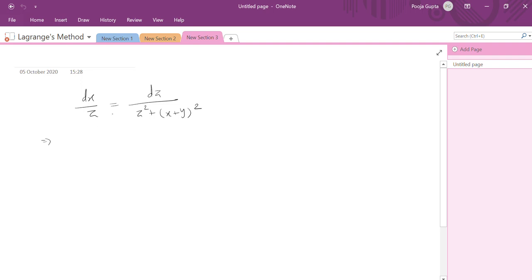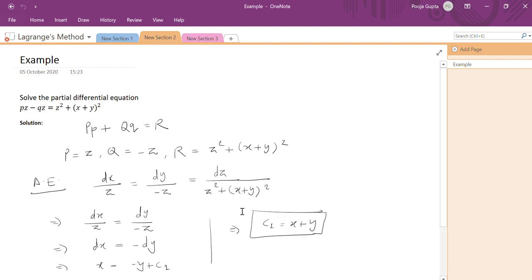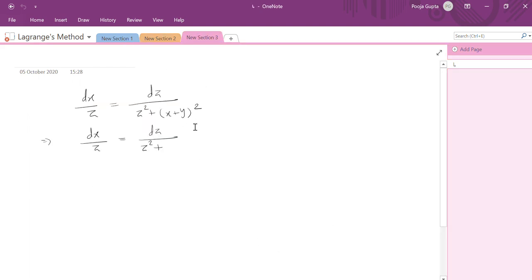Using the first integral, in place of x + y we can write c1, so this will be c1 square in place of (x + y) whole square.